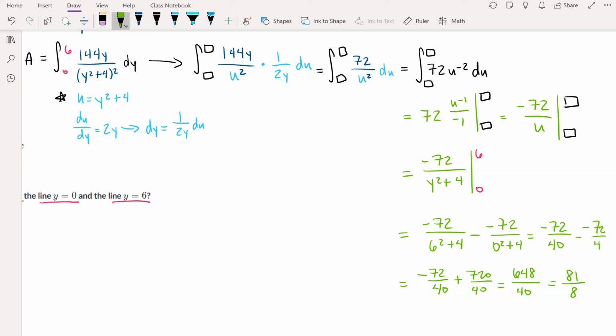We're just simplifying that fraction. 81 over 8, is that correct? Yes. Oh, wait. Oh, sorry. 8 goes into 648 81 times. 8 goes into 40 5 times. So 8 goes into both of those evenly. 81 over 5. That's your answer.